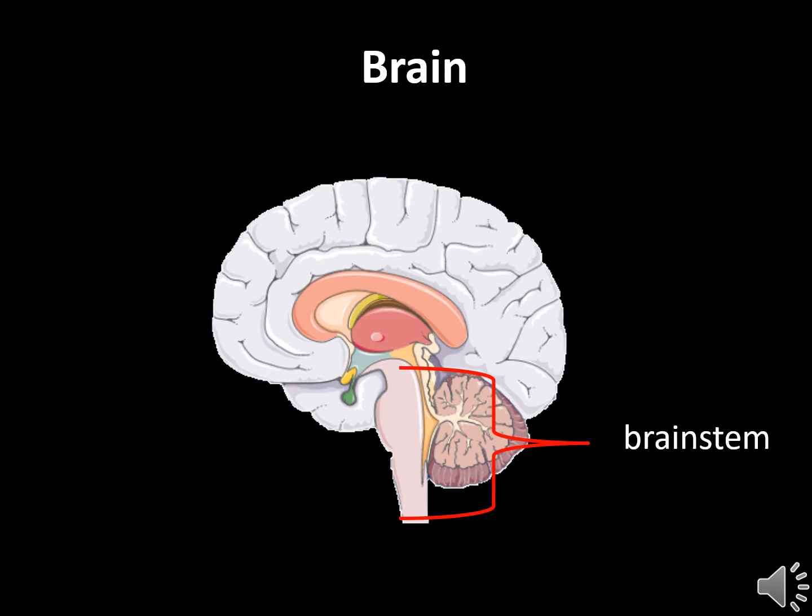A very general look at the anatomy of the brain should be helpful in understanding the functions of the nervous system. The figure shows a cutaway showing some of the major structures of the brain. The part of the brain that connects to the spinal cord and extends up to the center of the brain is called the brainstem.